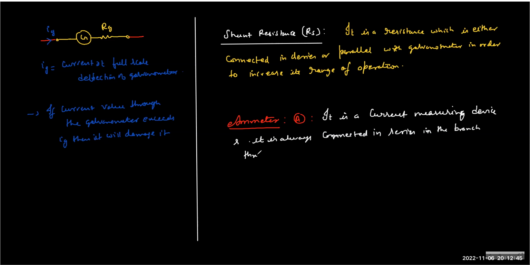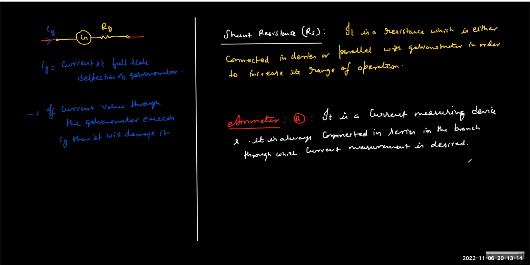through which current measurement is desired.